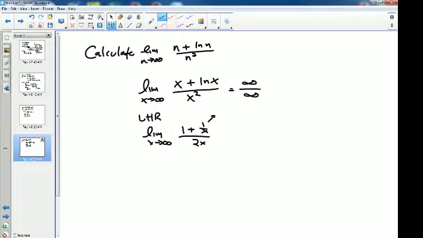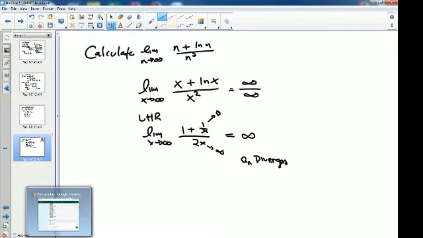As x approaches infinity, this is 0, right? What does this go to? So the denominator goes to infinity, the numerator goes to 1. What's the answer? So a sub n diverges. Right? Why'd you say 1? 0. Why'd you say 0?